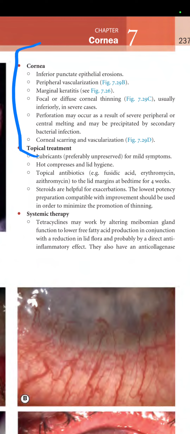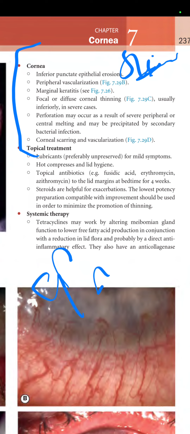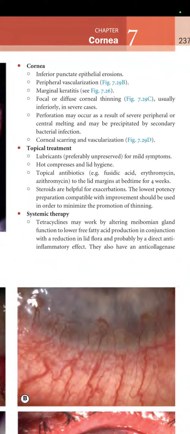So these are all the corneal manifestations that can occur with rosacea, but remember that there will always be some kind of skin lesion present with rosacea. You will diagnose ocular rosacea with the skin condition. So there can be epithelial erosions, marginal keratitis, phlyctenulosis, corneal thinning, perforation, scarring, and vascularization.